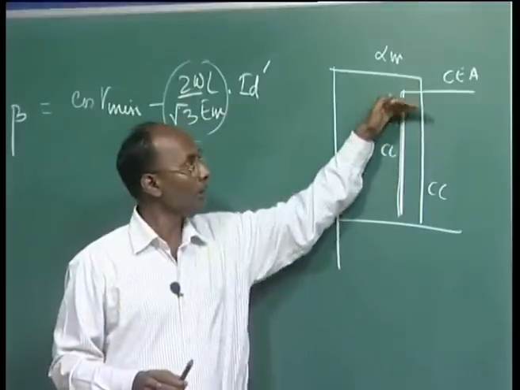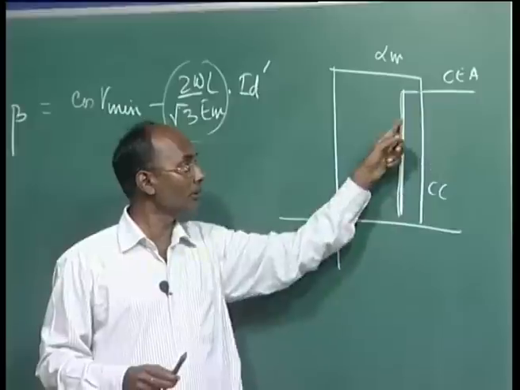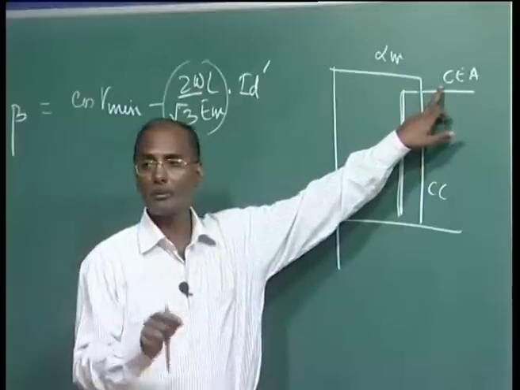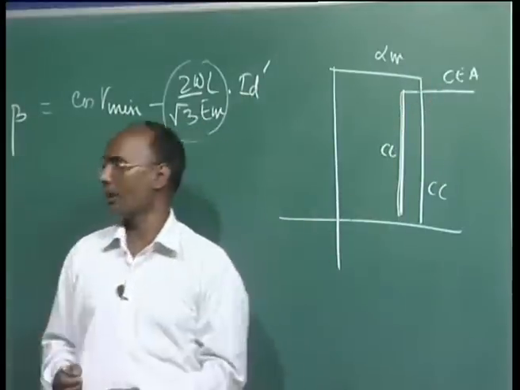So what we do is increase gamma. Normally, we first increase gamma minimum, and then we shift to the constant current controller, and it will operate there.